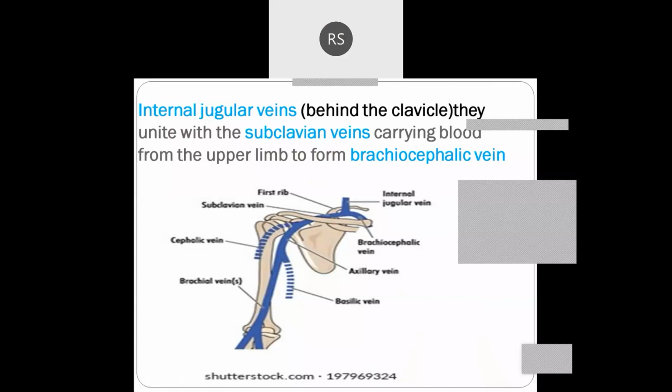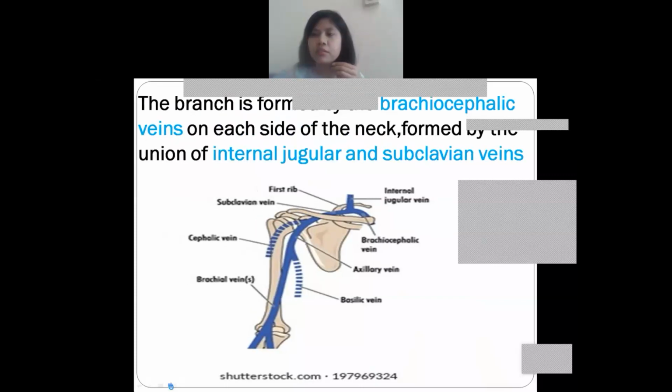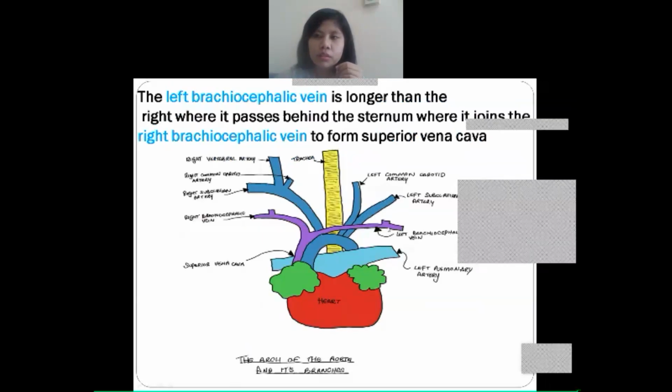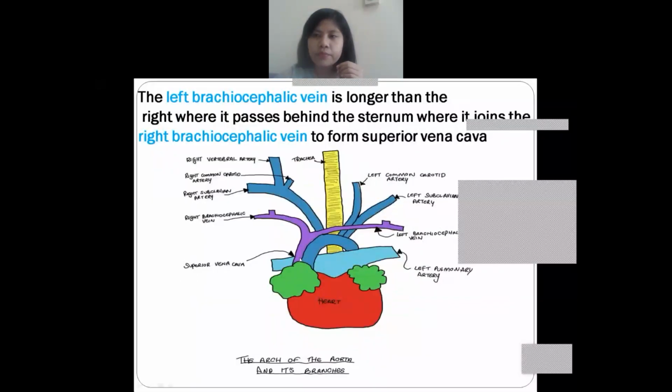Can you see this picture, Rudolph? Yes, ma'am. So you tell me now, this is the right and this is the left. They will unite together and they will form what? Superior vena cava. Don't forget it. All right.